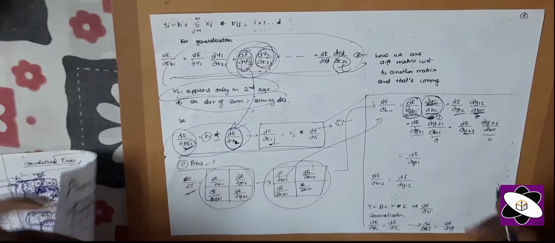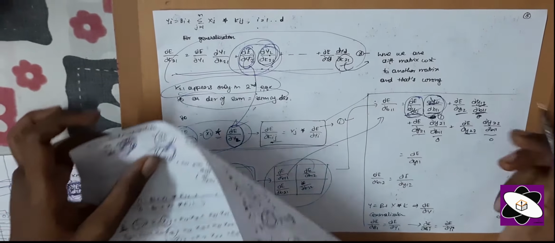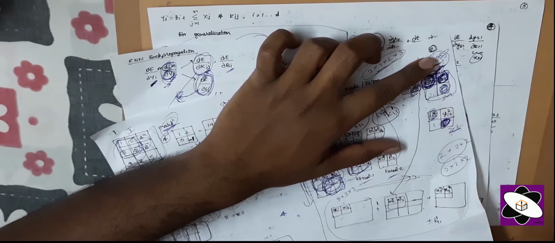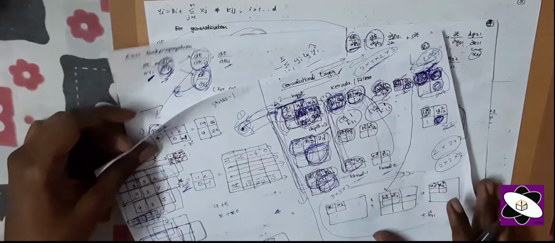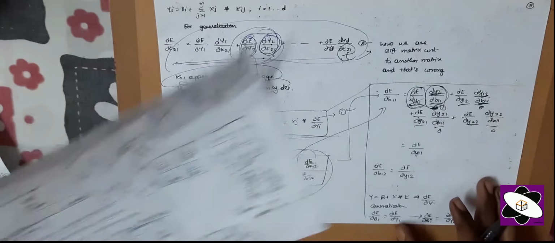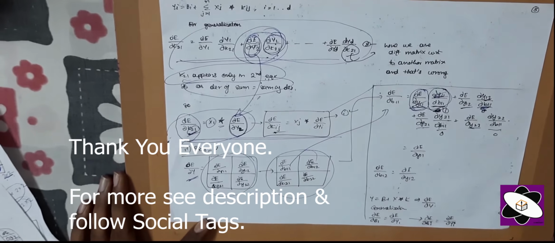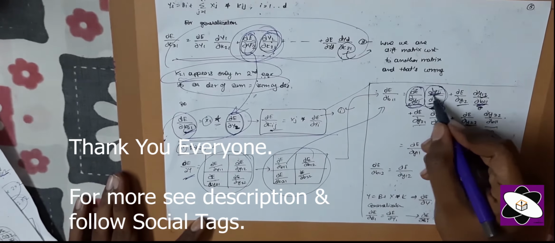So for the derivative of y12, b11 is not there at all. If it is not there, it's a constant, so the derivative will be 0. Similarly in y21 and y22 also b11 will not be there, it will appear only in y11.